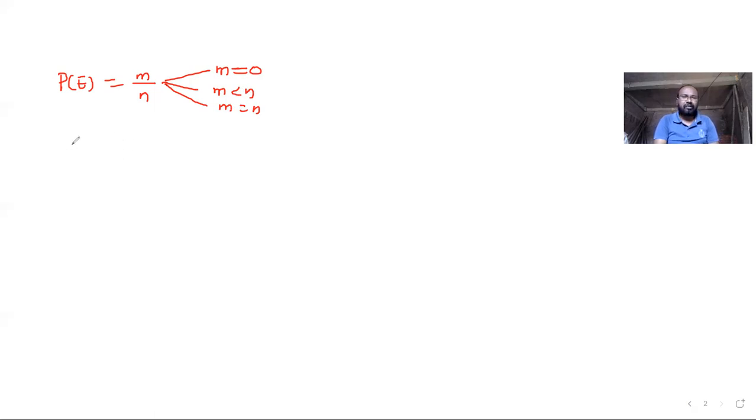Suppose m is equal to 0, then P of E is equal to 0.